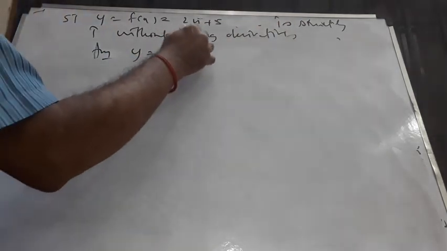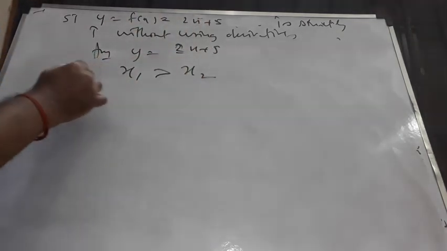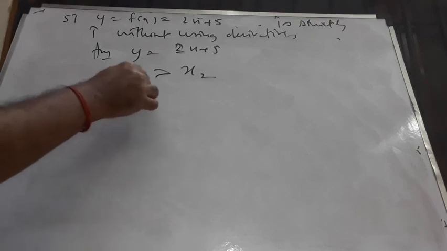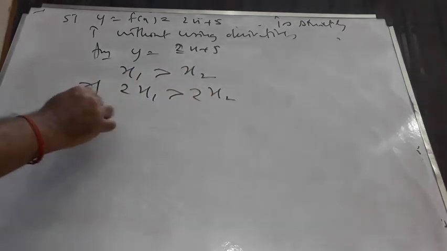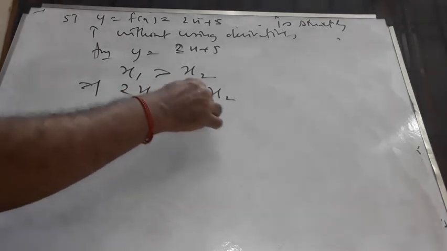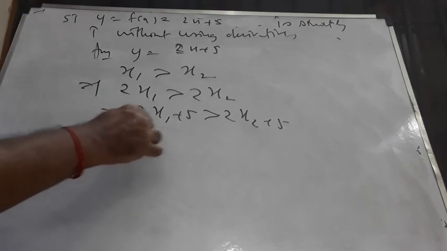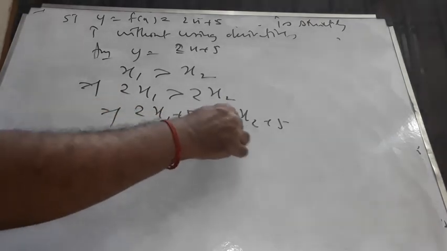Just listen. This is 2x plus 5. Now x1 greater than x2 implies 2x1 greater than 2x2, which implies 2x1 plus 5 greater than 2x2 plus 5. This implies f of x1 greater than f of x2.